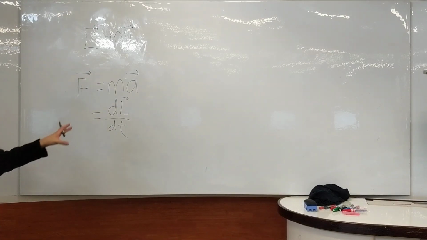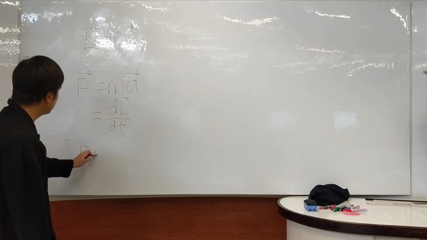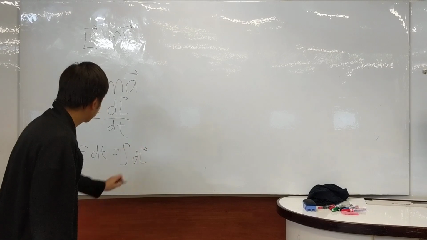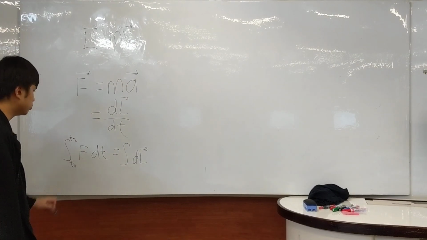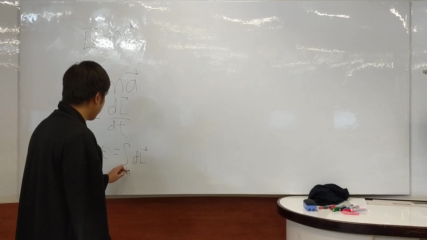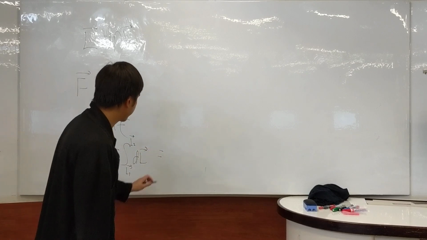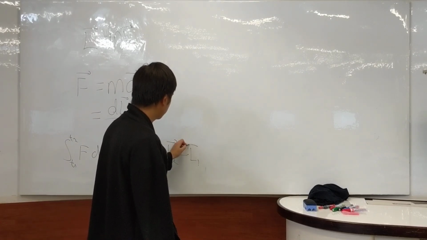If you do a bit of manipulation to this quantity here, you move the dt up, put an F here, and it's equal to the integral of dL. If I integrate this from T1 to T2, and at T1 I have a momentum of L1, at T2 I have a momentum of L2, this will become L2 minus L1.